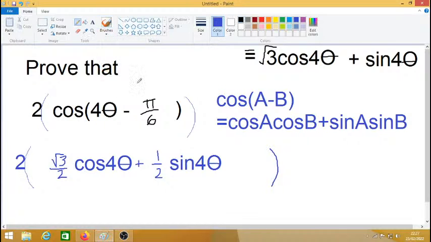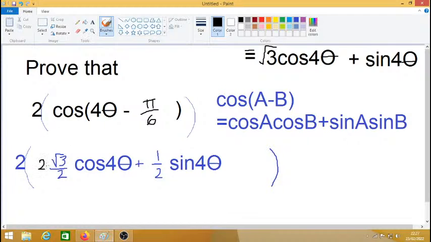So we can times by 2. So this 2 times is everything on the inside. So 2 gets times by the first term, and then the second term gets times by 2 as well. The first term, well, we've already got a divide by 2 here.